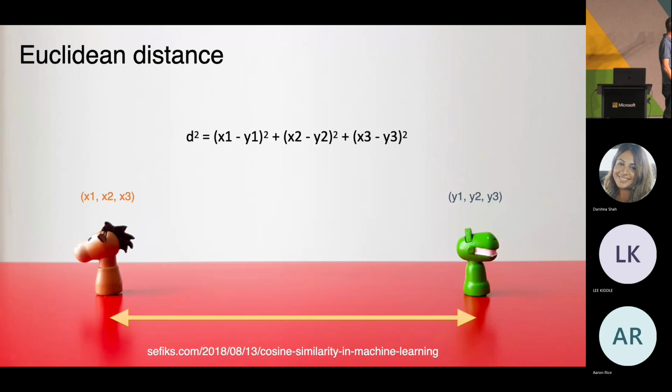And if you have the coordinates of a point, x1, x2, x3, and the other point, y1, y2, y3, we are going to find the distance between those points with this formula. Because we are going to represent facial images as embeddings or vectors. Those probabilities are just vectors. And instead of 3, we are going to have many dimensions.